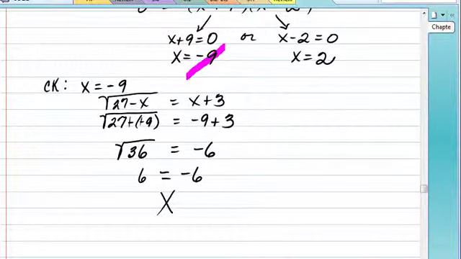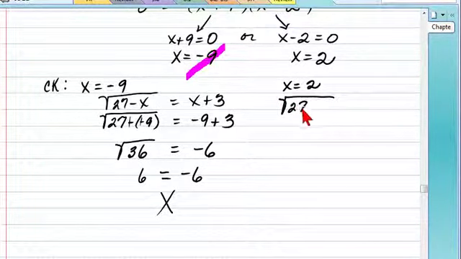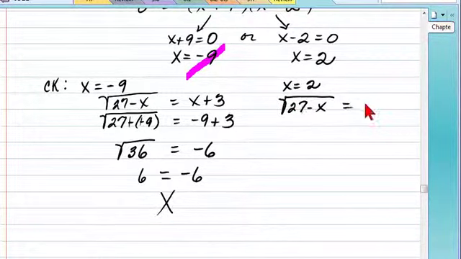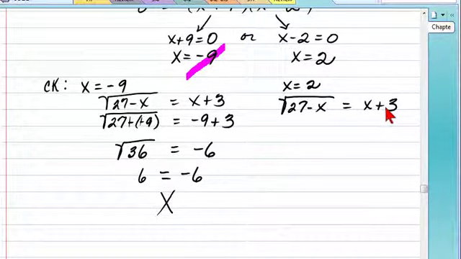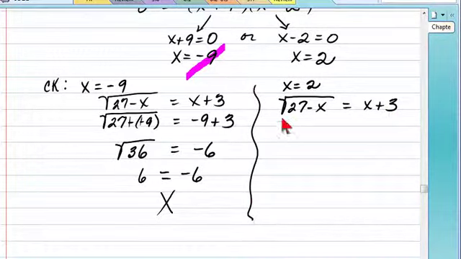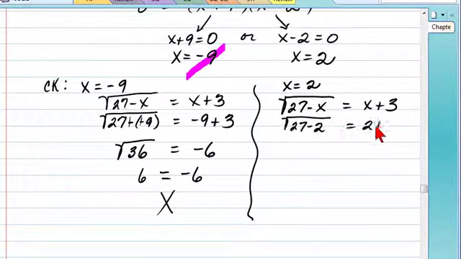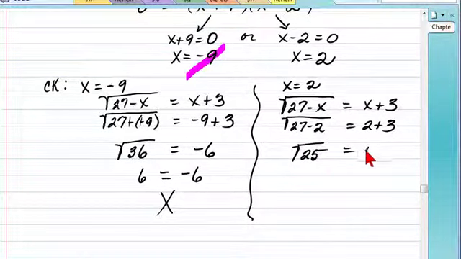All right, now we need to check x equals 2. I have the square root of 27 minus x is equal to x plus 3. So that's going to be the square root of 27 minus 2 is equal to 2 plus 3. 27 minus 2, that's the square root of 25, is 5.